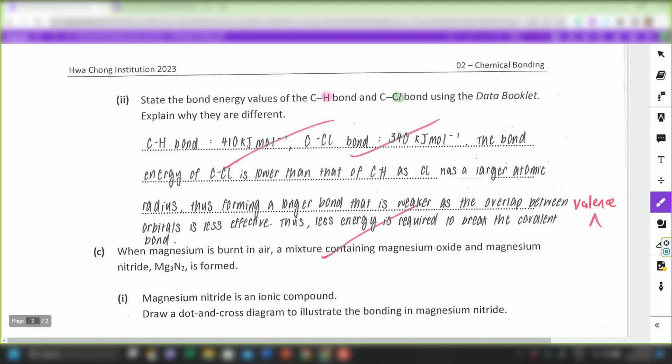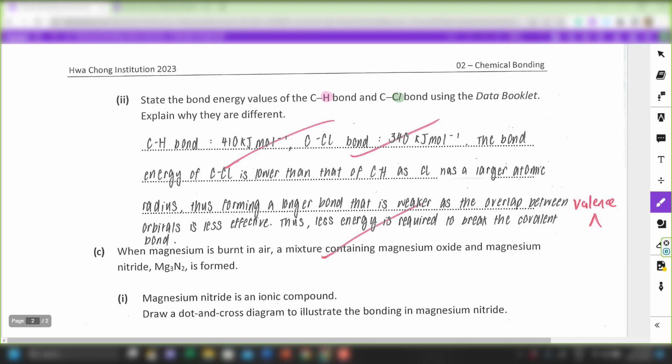Yeah, so if you look at how diffuse the valence orbitals are, hydrogen being in 1s is very compact. So therefore the extent of valence orbital overlap between carbon and hydrogen is greater than that between carbon and chlorine, because chlorine's period 3 valence orbitals are more diffuse, so the overlap will be poorer.